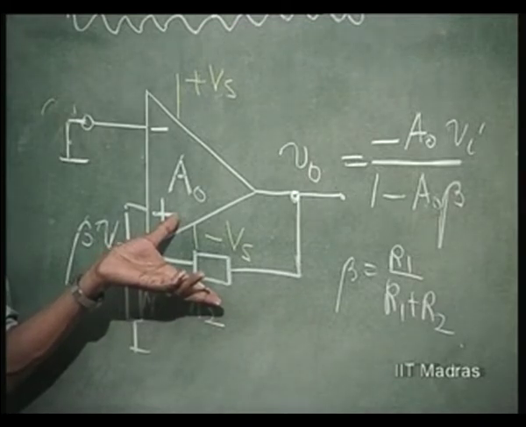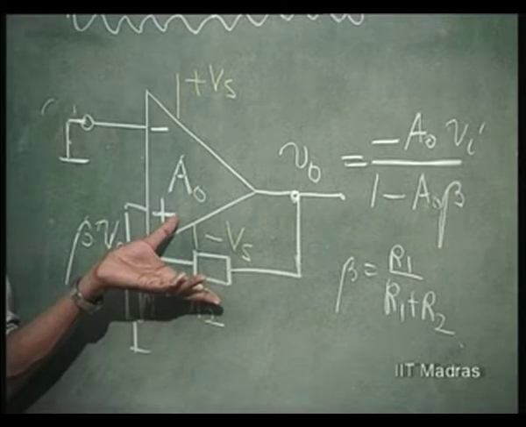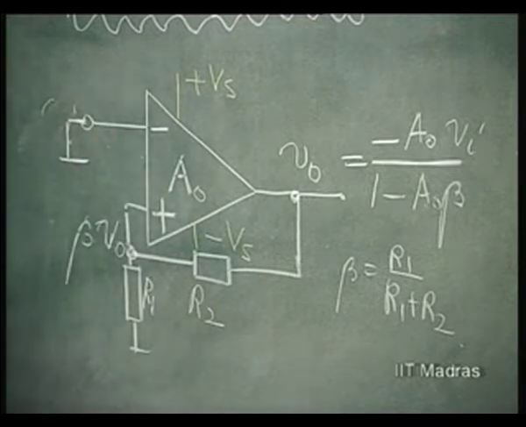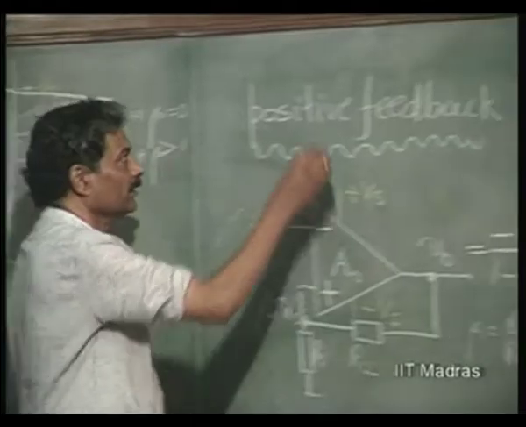This is the difference between regenerative feedback and positive feedback which is non-regenerative, and negative feedback. Is it clear? Now, this circuit with positive feedback is properly known as regenerative feedback.